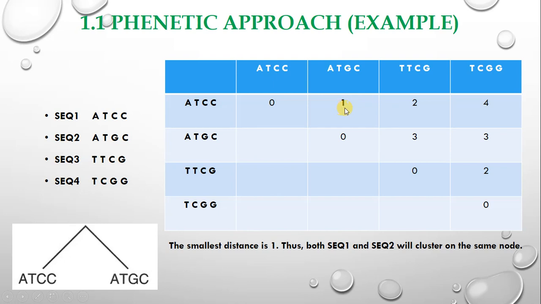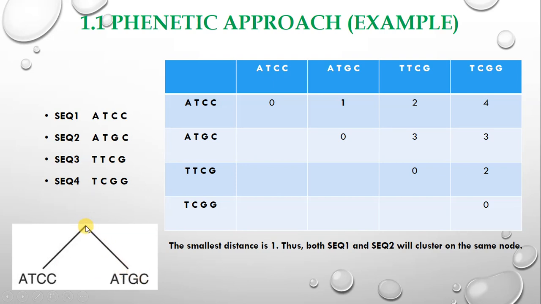You can see, because here is 2, this is 3, this is 2, this is 3, this is 4. So the smallest distance is between sequence 1 and sequence 2. In this case, the computer has decided that sequence 1 and sequence 2 are very similar to each other based on the distance calculation. So the ATCC sequence 1 and ATGC sequence 2 will both group on the same node.